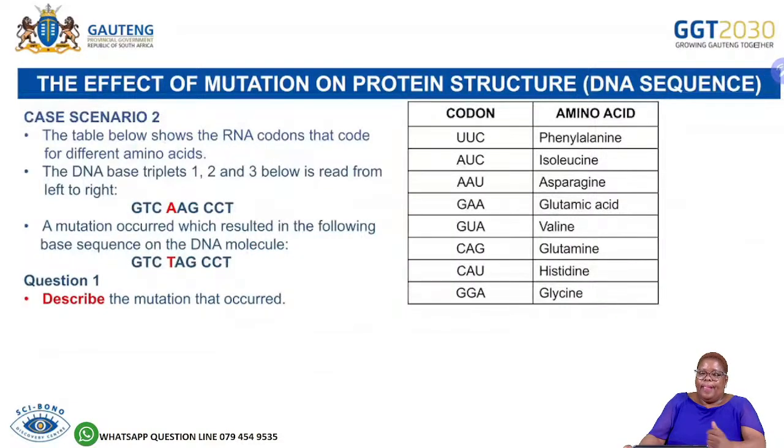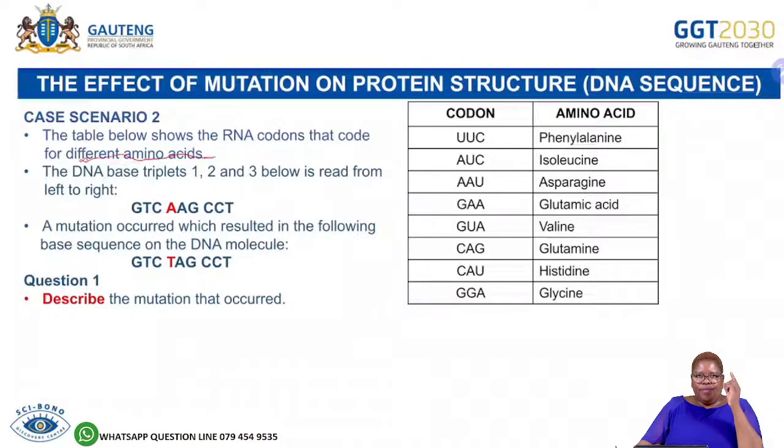Okay. The second scenario, this is the case scenario number 2. Remember, we are looking at the effect of mutation on protein structure. A protein is formed by amino acids bonded together by peptide bond, right? Those 20 can form one protein, right? Now, the second scenario, the table below shows the RNA codons that code for different amino acids.